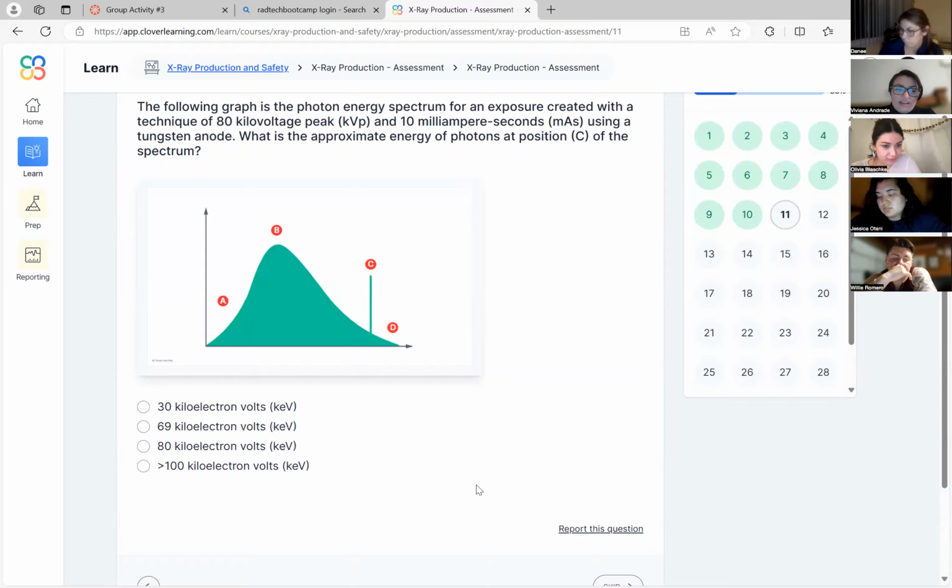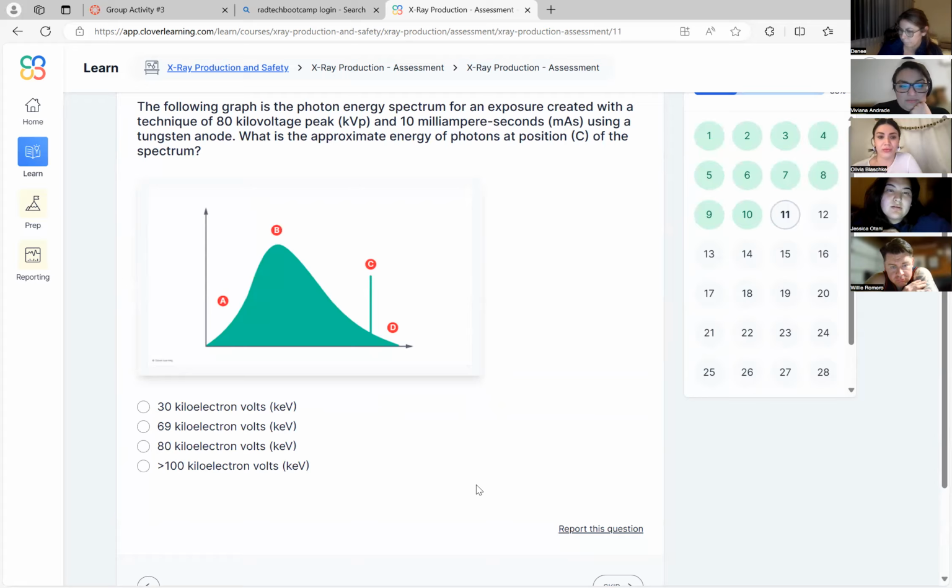I don't really know how to answer this one, but my mind just automatically goes to 69 because of the tungsten. I think it was like 69. I don't know if I'm right or wrong on that one. Or I think it would be 80, because C is the characteristic.